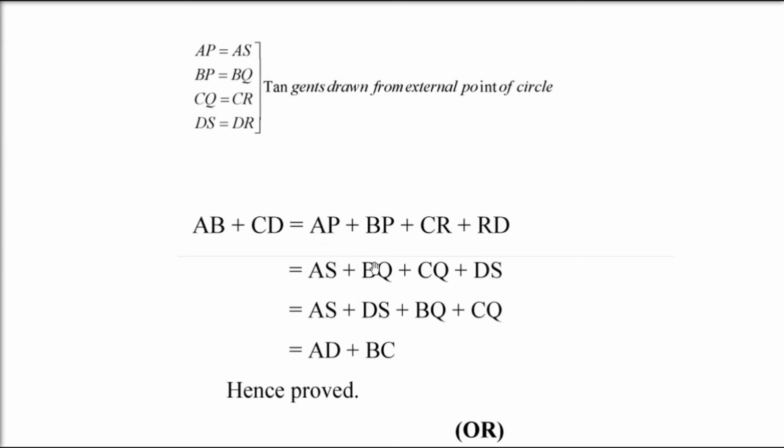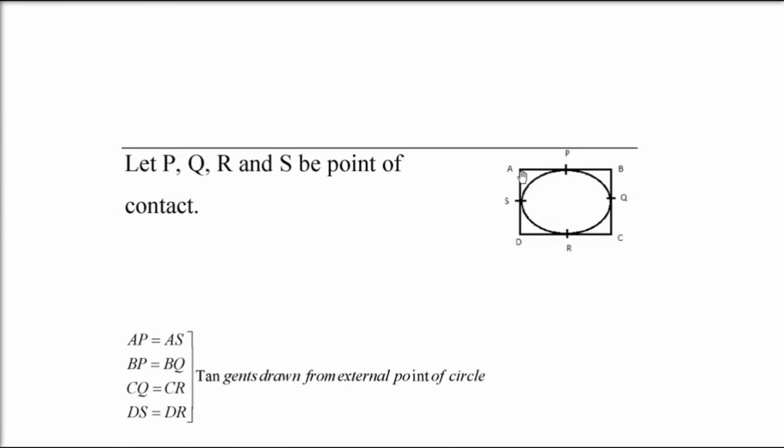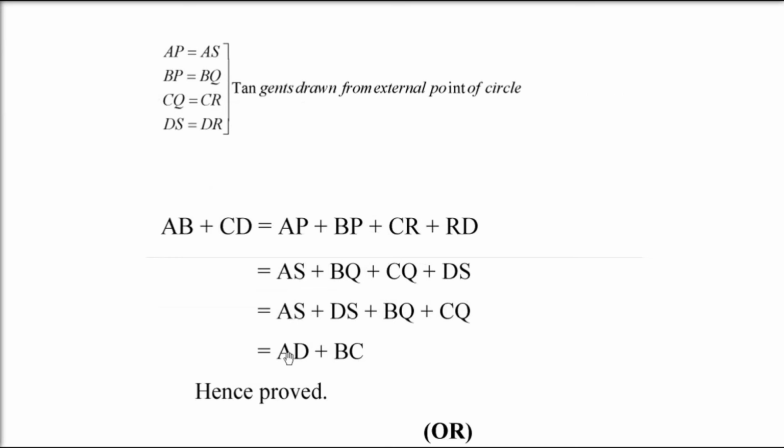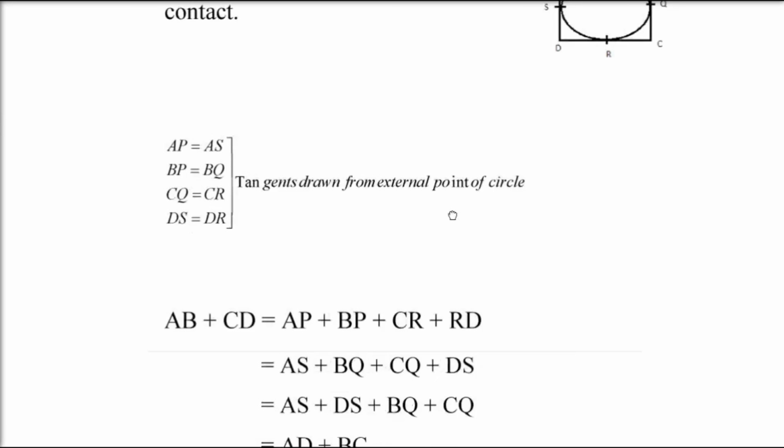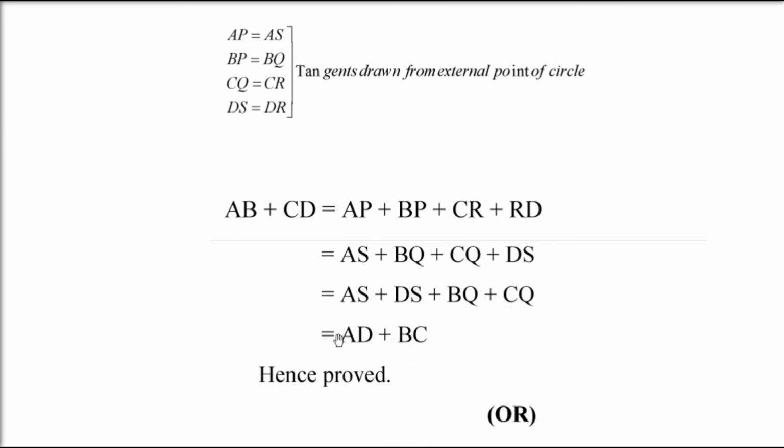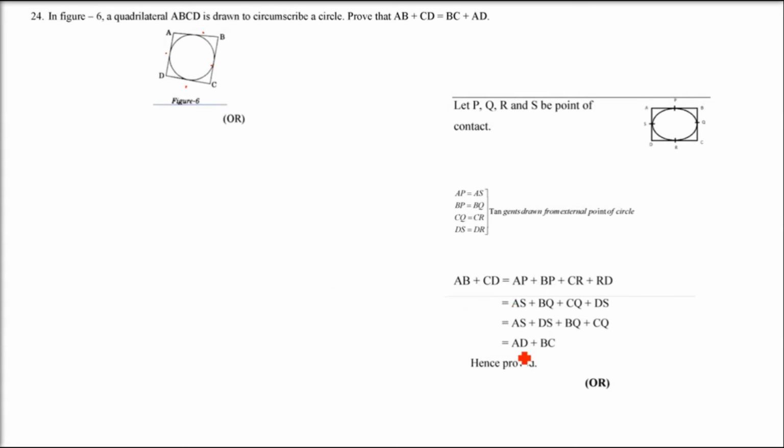Now take DS with AS and BQ with CQ, just rearranging. AS plus DS is AD. And BQ plus CQ is BC. So hence we have proved it: AB plus CD equals AD plus BC.